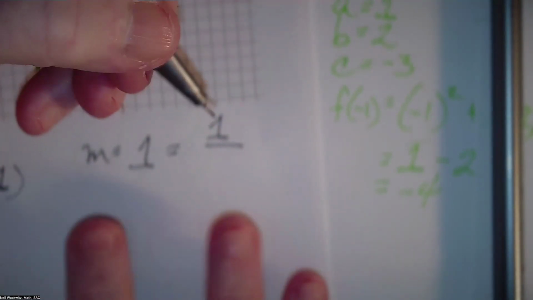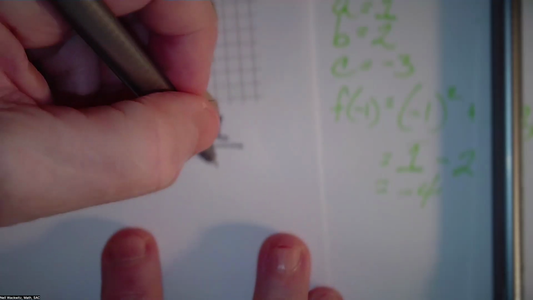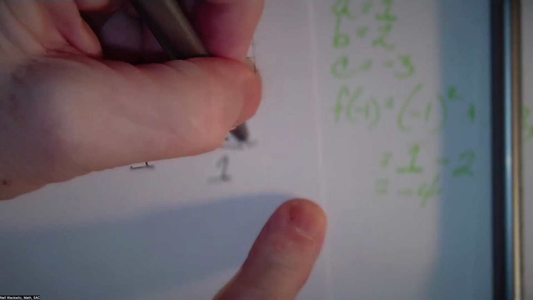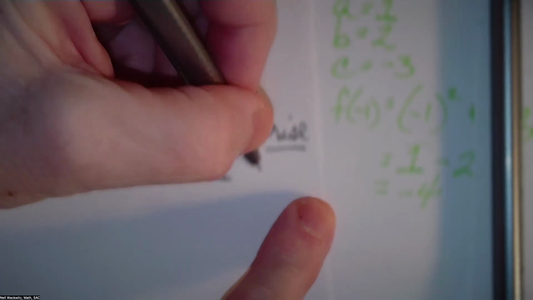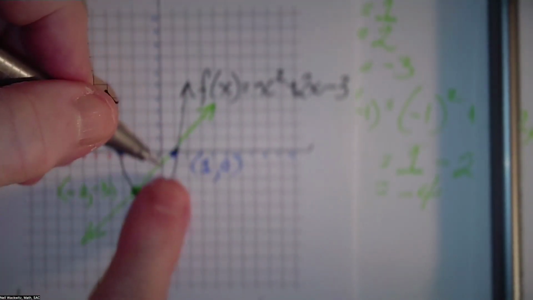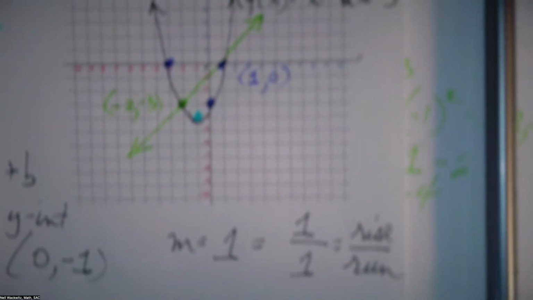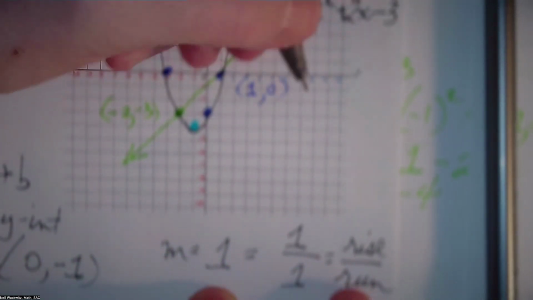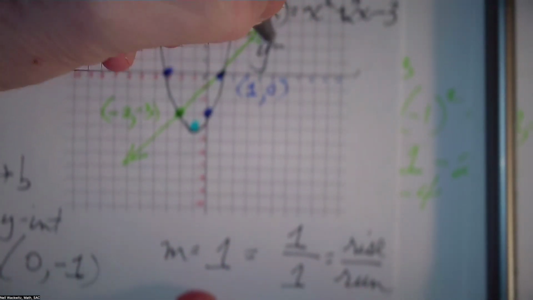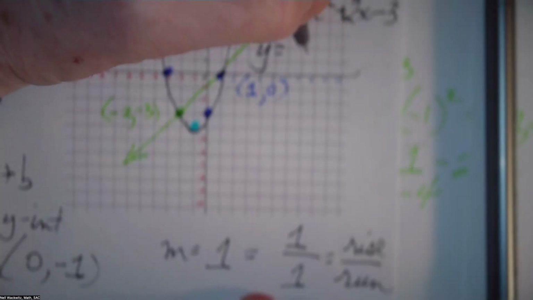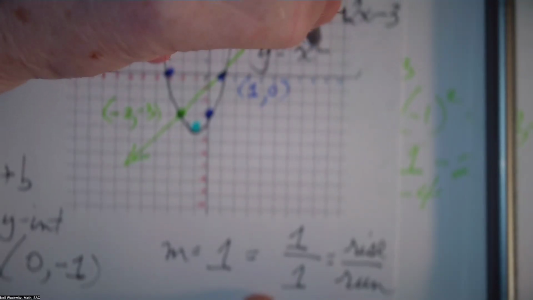When I think of it as a slope, I need to write it as a fraction, so 1/1, rise over run. I start at the y-intercept, go up 1/1, and that gives us 2 points to create the line. So the equation of that secant line is y equals x minus 1.